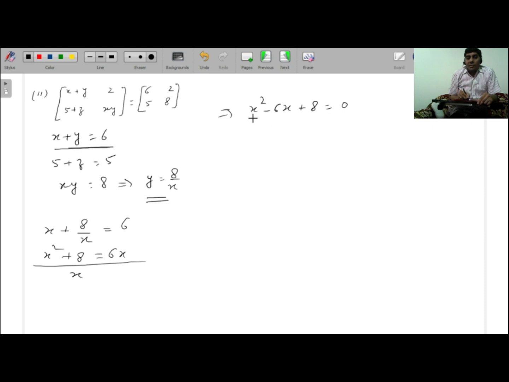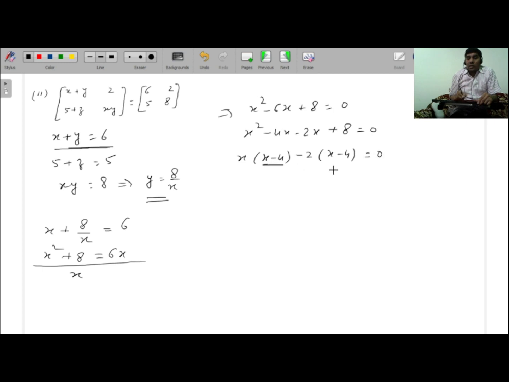By the factorization method, we factorize minus 6x as minus 4x minus 2x, so x square minus 4x minus 2x plus 8 is equal to 0, because the product of minus 4 and minus 2 is 8 and their sum is minus 6. Taking common x, x minus 4, taking common minus 2, we have x minus 4.